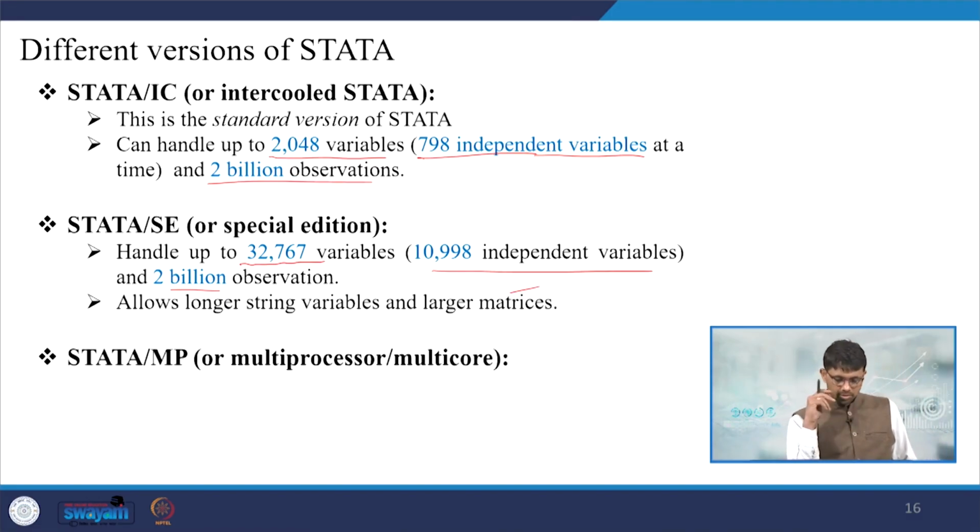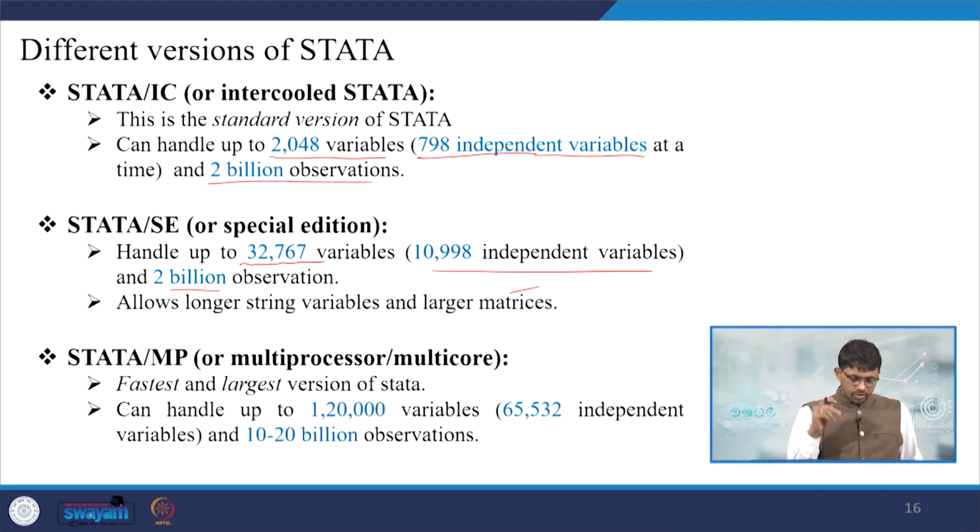I will also show you how it looks if I open a Stata version in front of you. The best one is in fact called the MP version, or the multi-processor multi-core version. It handles up to 120,000 variables, 65,532 independent variables, and 10 to 20 billion observations are covered.